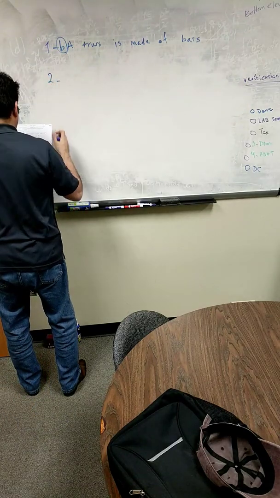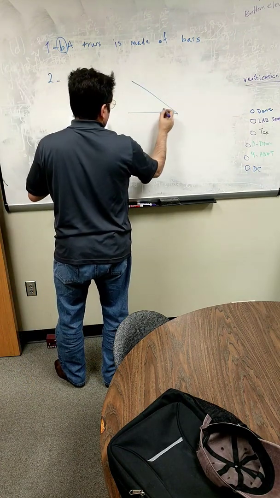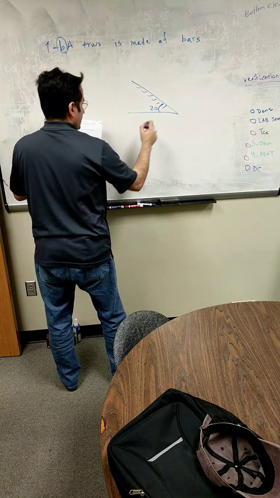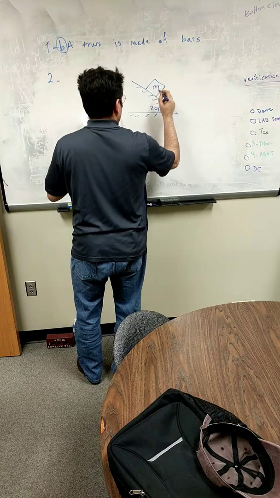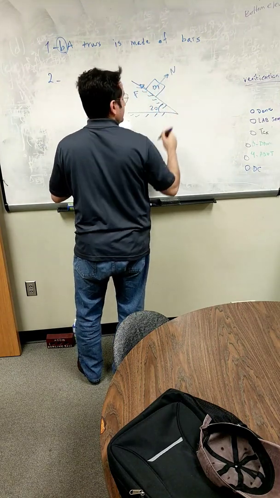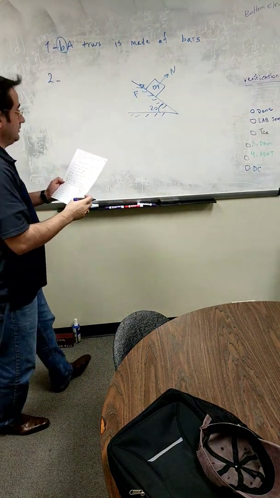Number 2, there is a mass sliding down this 20-degree line, and this is your mass M, so you have friction and normal force, and they're asking which option is correct.